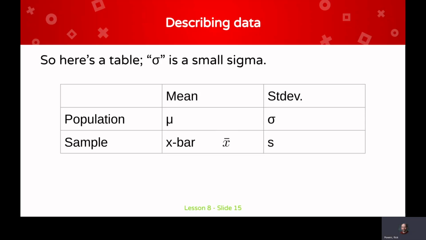That thing that looks like an O with a tail is a small sigma. So the population mean is the Greek letter mu. The population standard deviation is the Greek letter small sigma. The sample mean is x bar, x with the line over it, and the sample standard deviation is the letter s.